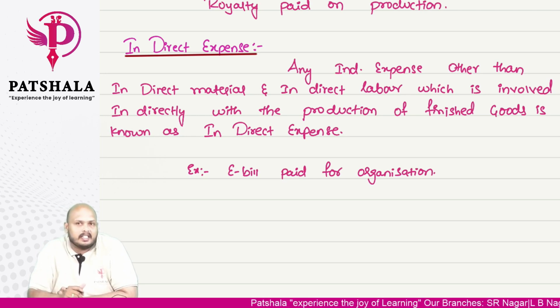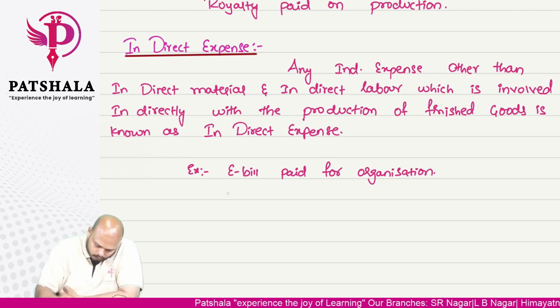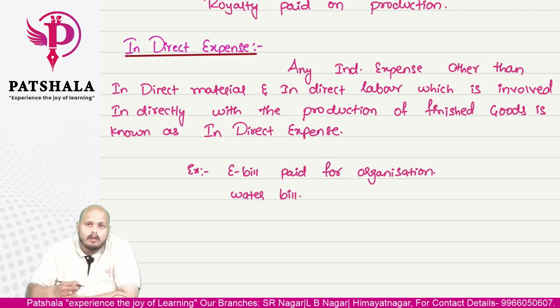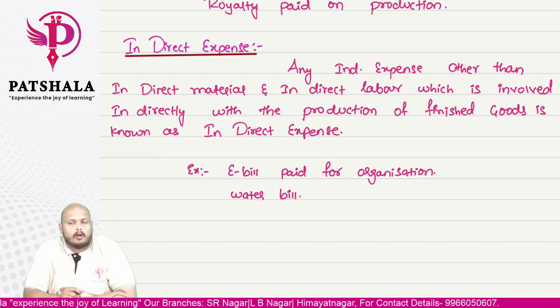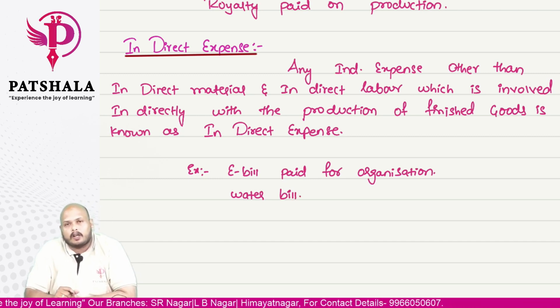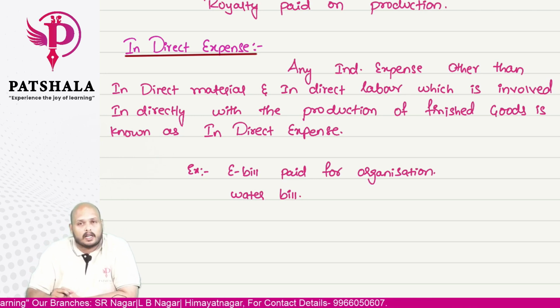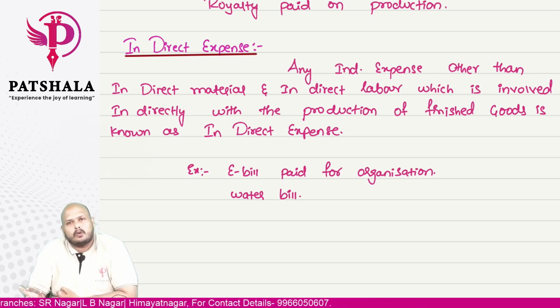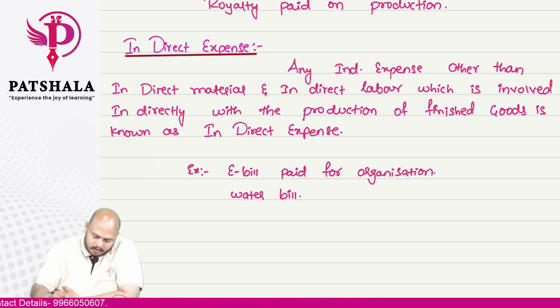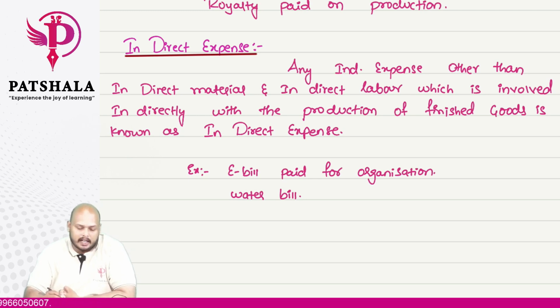Electricity is required. Water bill. Whatever water we are procuring and consuming for the production activity here, the water is also nowhere linked with the production of a finished good. Not only that, marketing expenses, promotional expenses, all these are examples we can take for indirect expenses.